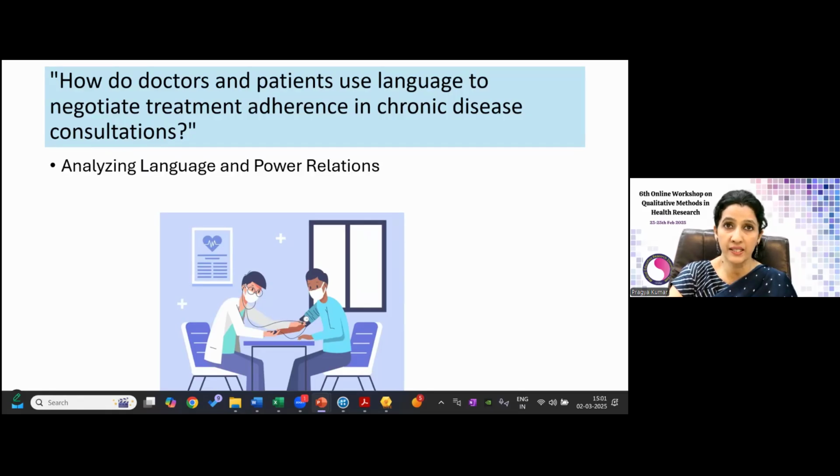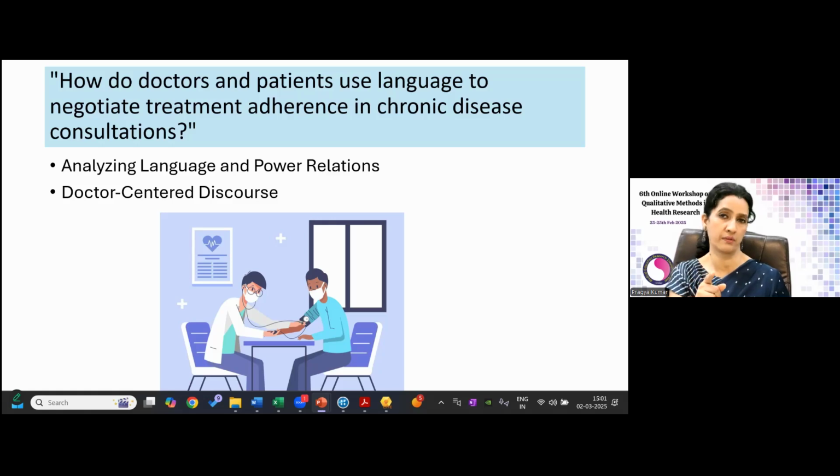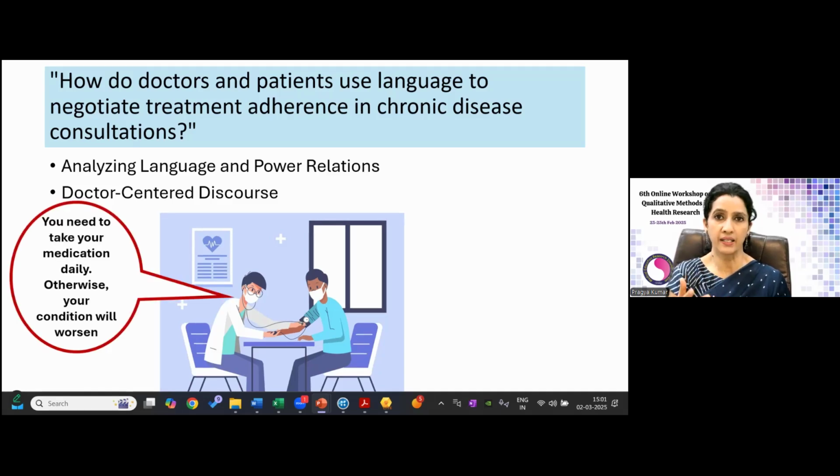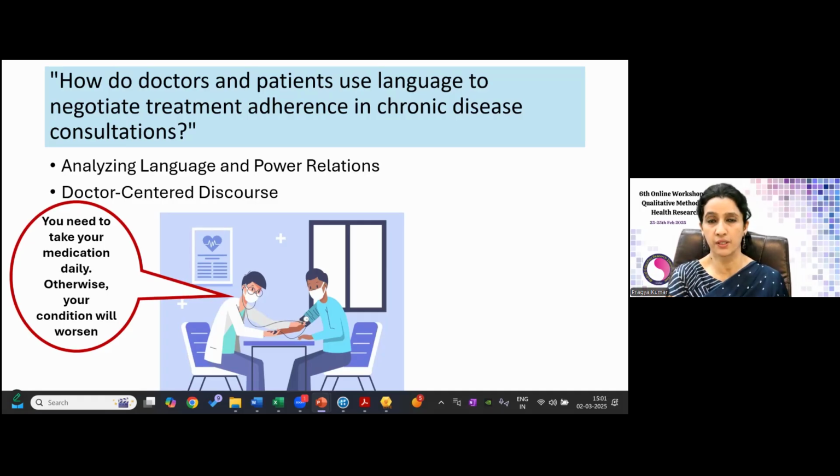A doctor might say, generally we say this, you need to do this, especially if somebody is addicted to some substance, like alcohol or smoking, or is not taking antihypertensive medication. We always say, you need to take your medication, otherwise your condition will worsen, there's something known as stroke and you will land up in that. What will happen to your family? Generally we use such type of language.